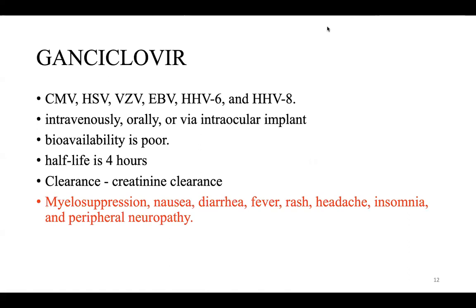Ganciclovir is a cyclic guanosine analog that requires activation by triphosphorylation before inhibition of the viral DNA polymerase. Ganciclovir has activity against these types of viruses.